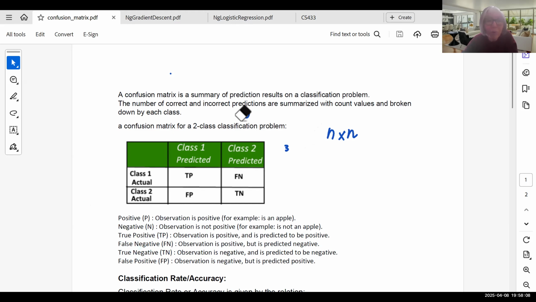So this is regarding the confusion matrix. It will directly tell you the number of correctly predicted and wrongly predicted, and also positive or negative.